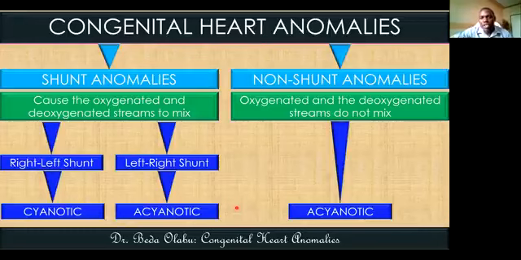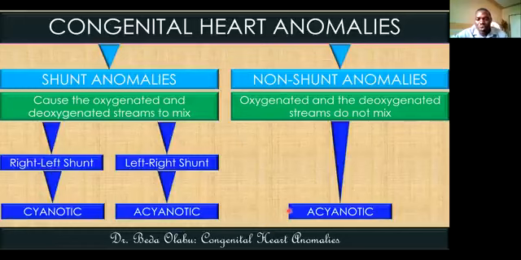Now, maybe I need to put a small warning: when we classify them as acyanotic, it doesn't mean that this baby will never be cyanotic. The only issue here is that at the time of birth, they may not be cyanotic.